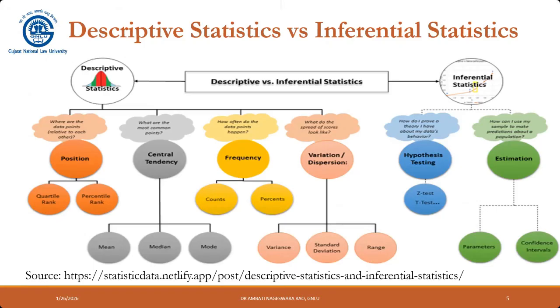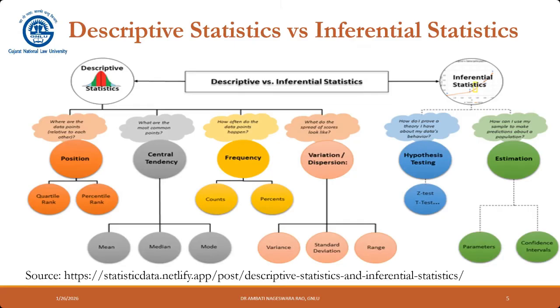Once we have clarity on the types of data, what kind of statistical tests do you want to conduct? Whether you want to conduct descriptive statistics or inferential statistics, and how descriptive statistics differs from inferential statistics. The main objective of descriptive statistics is to describe what you observed in the study you are conducting.